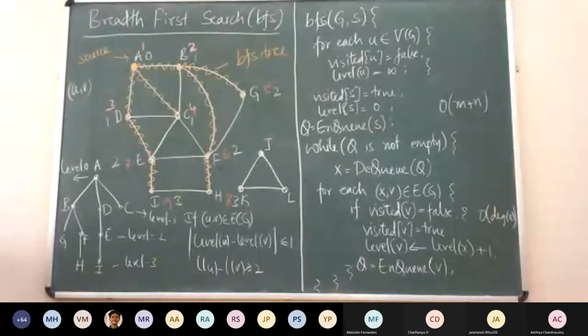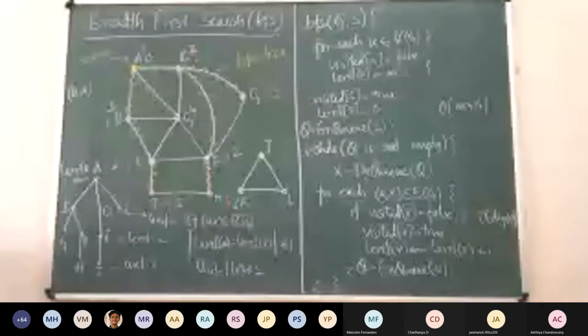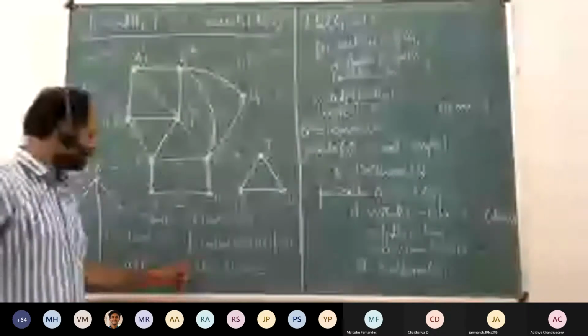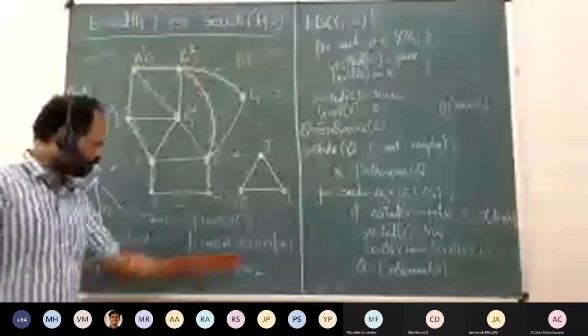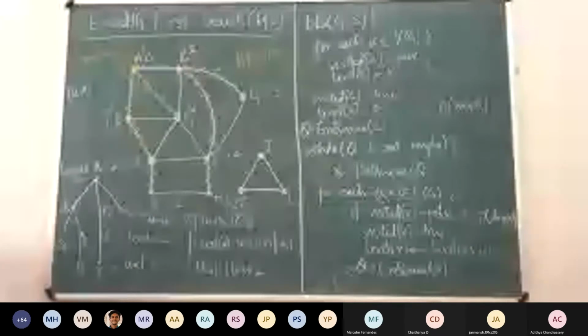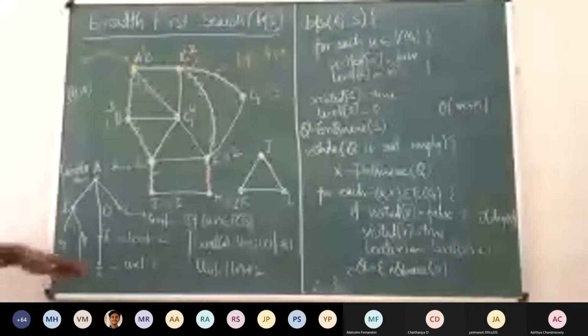This means that the level of u is lesser. When u was discovered, notice that since there is an edge uv, u is at some level k.